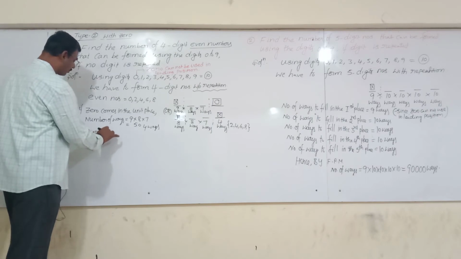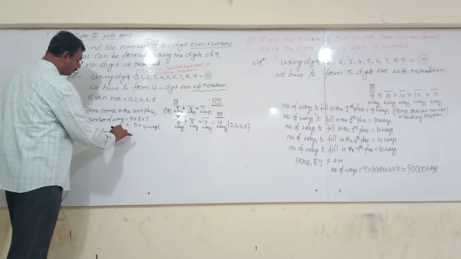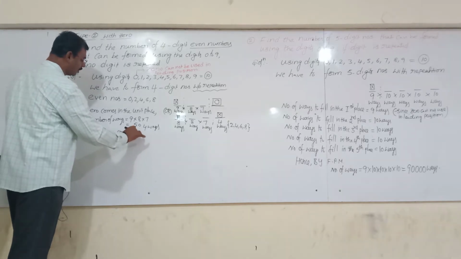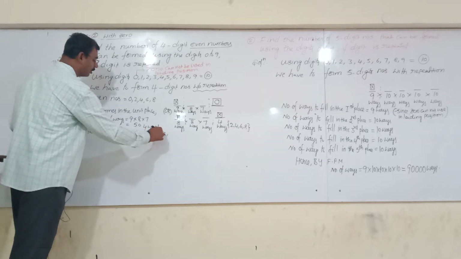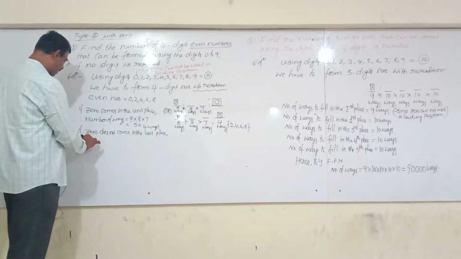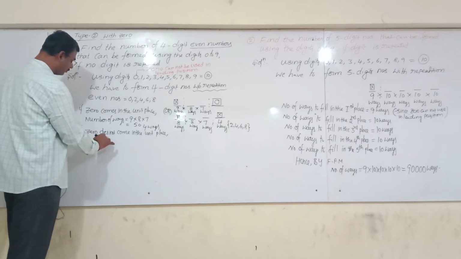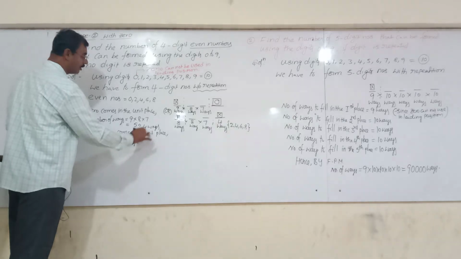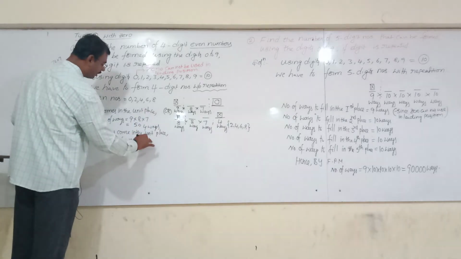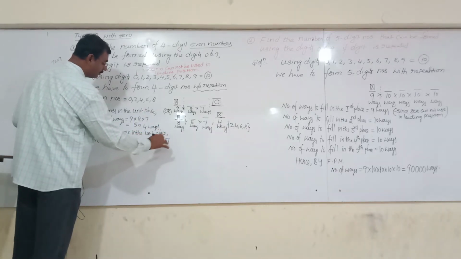If 0 does not come in the unit place, the number of ways is equal to 8 into 8 into 7.